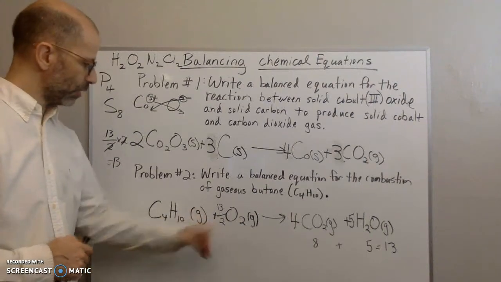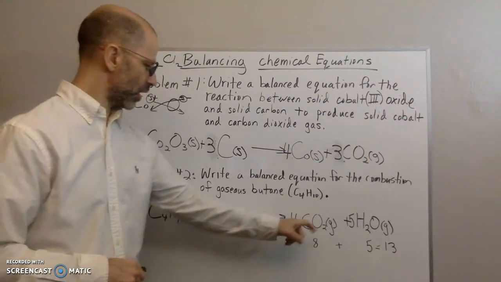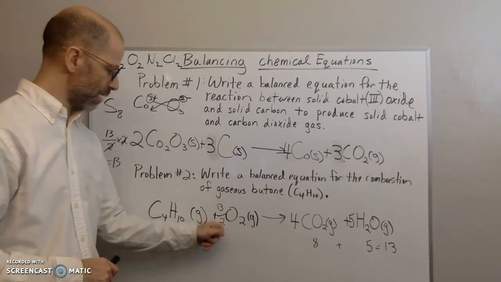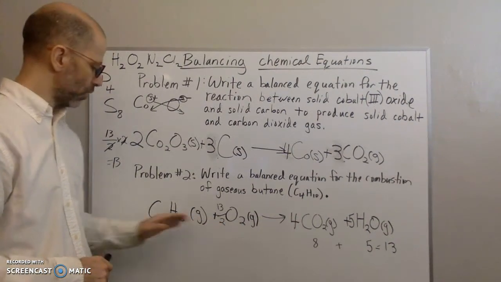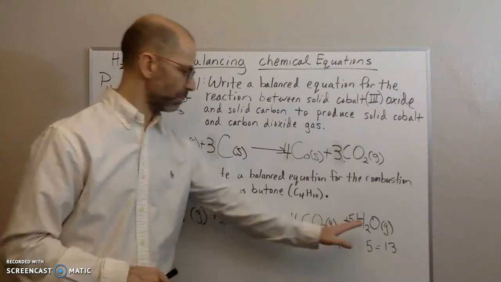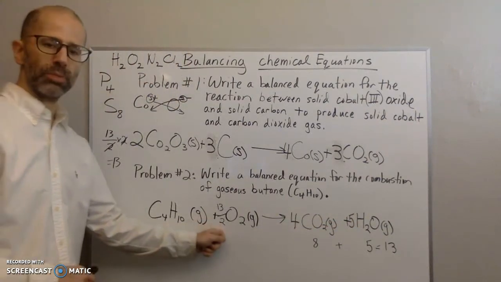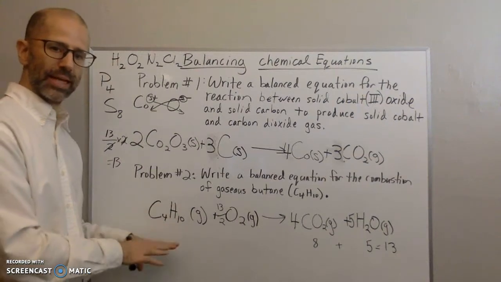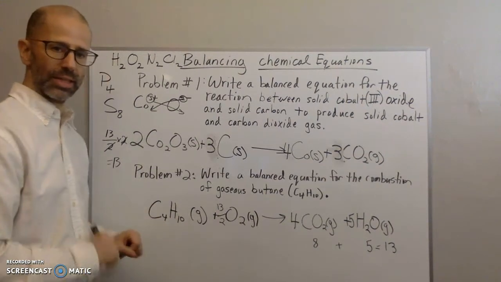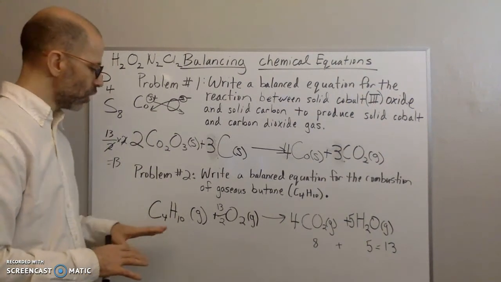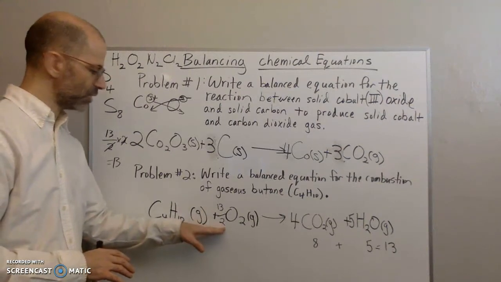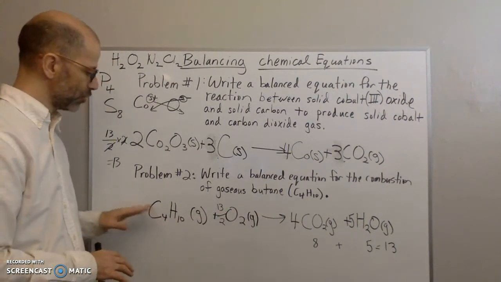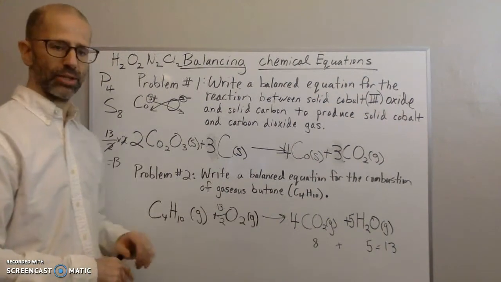However, I need to get rid of the fraction. Since the denominator is 2, what I need to do is multiply everything by 2. If I only multiply this by 2, then I've unbalanced the equation. Right now everything is balanced, and I don't want to unbalance it. So to get rid of the fraction and keep my equation balanced, I need to multiply everything by 2.